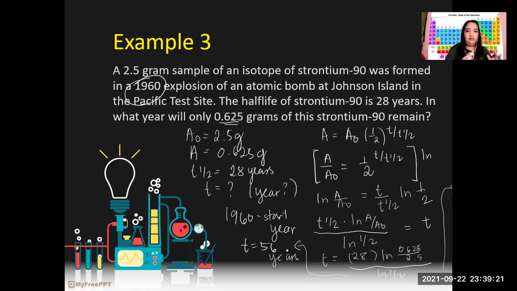56 years hence. So we have to add it to 1960. It only asks in what year, so 1960 plus 56 is 2016. The answer is 2016. I hope this is clear.